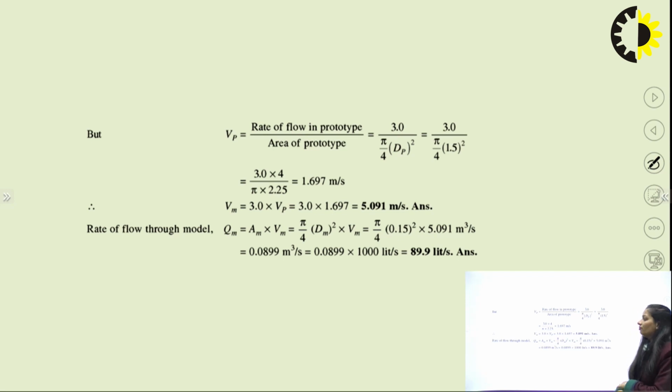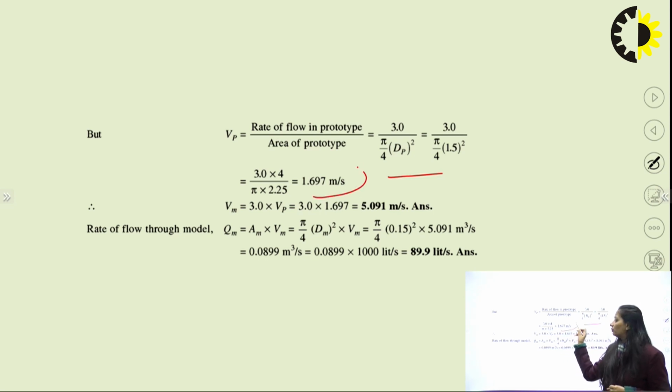Now Vp, the velocity in the prototype, how are you going to calculate it? Simple, that will be equal to discharge divided by area. Discharge is given as 3 meter cube per second. Area for the prototype is pi by 4 d square, and dp is given as 1.5. Just calculate Vp: 3 multiplied by 4 divided by pi multiplied by 2.25.